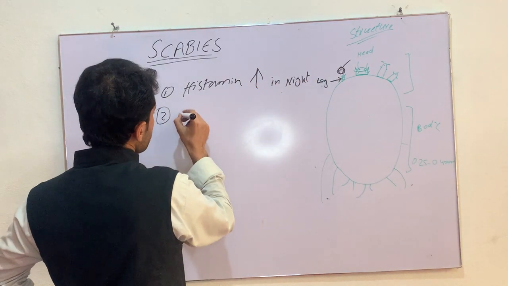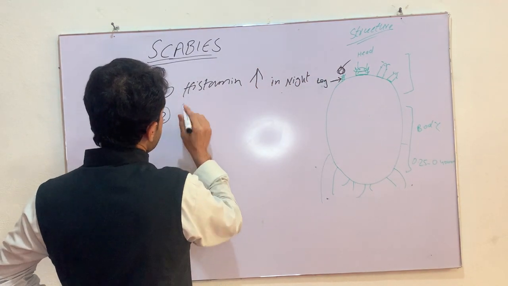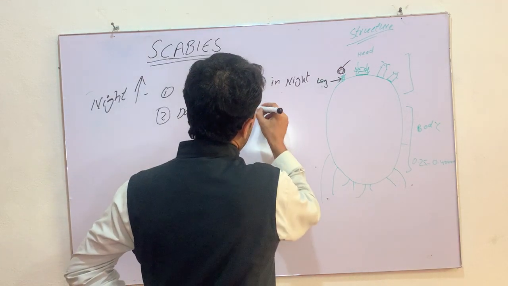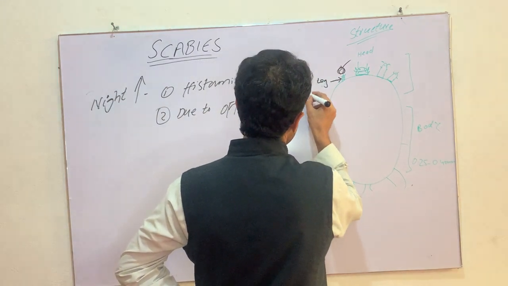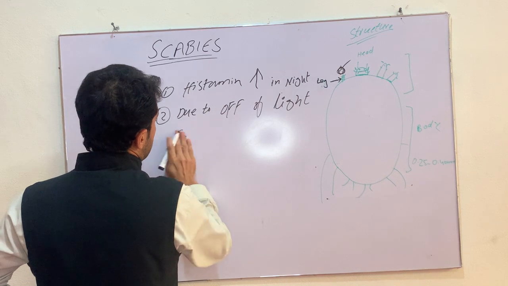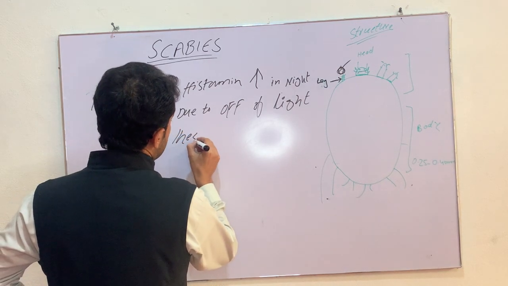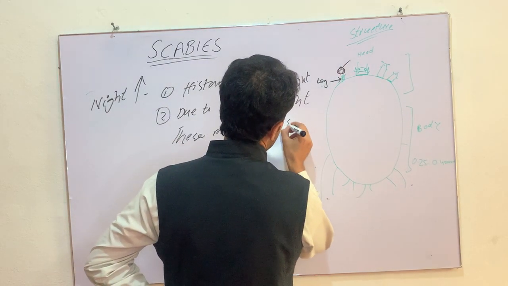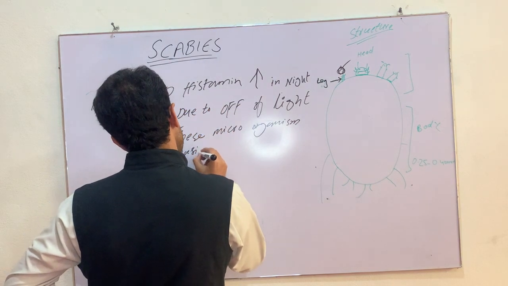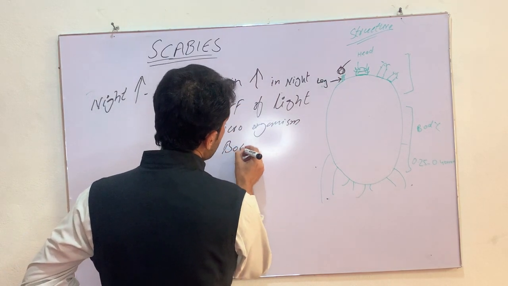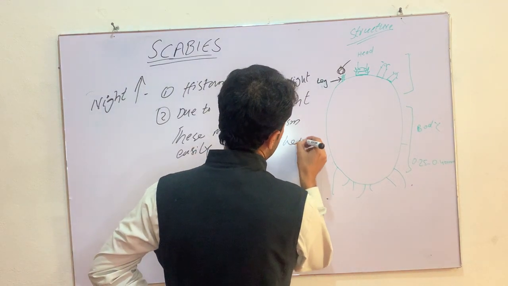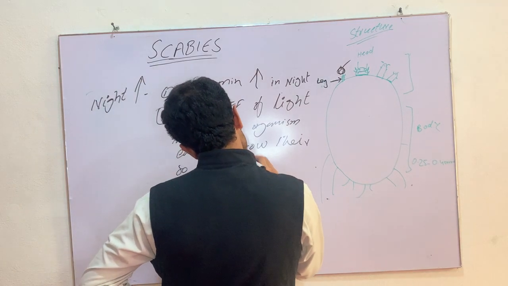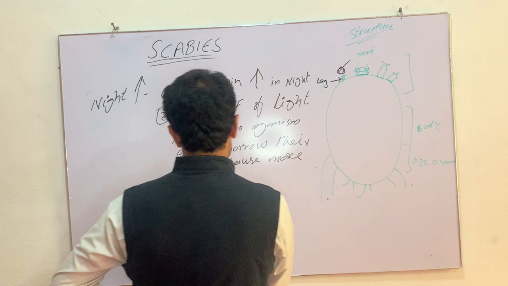The second point is that due to the absence of light, these microorganisms can easily burrow, causing more itching.